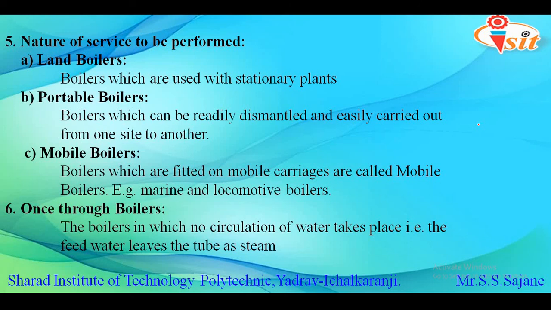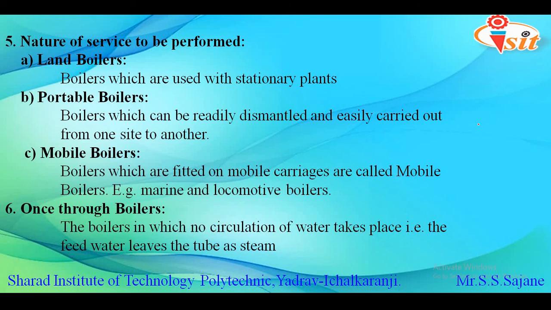The portable boilers are the boilers which can be readily dismantled and easily carried from one site to the other, whereas the mobile boilers are the boilers which are fitted on mobile carriages. The best example is marine applications, where the boilers used are called mobile boilers.